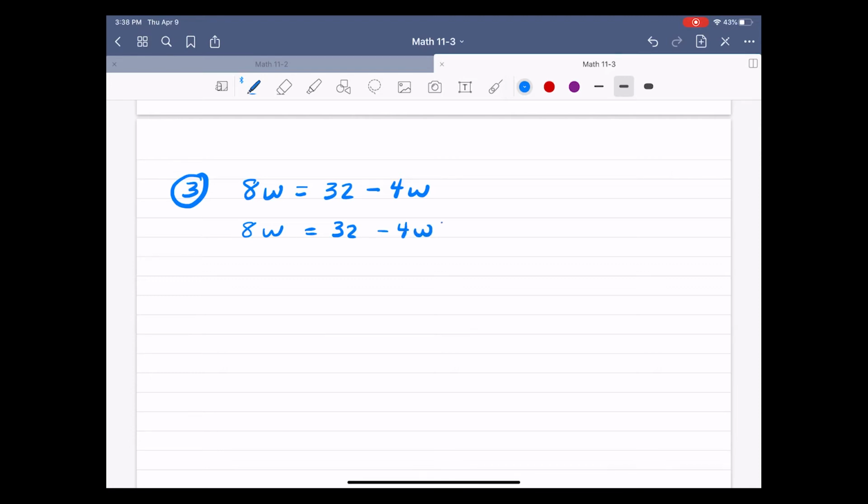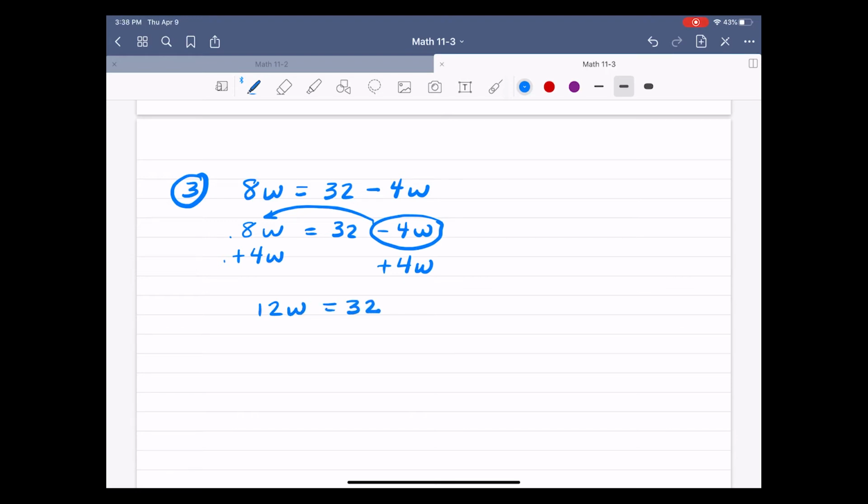I want to get this negative 4w and put it over here with this 8w. What is the inverse of negative 4w? It is plus 4w. If I add 4w to the right, I have to add 4w to the left. 8w plus 4w is 12w equals 32.